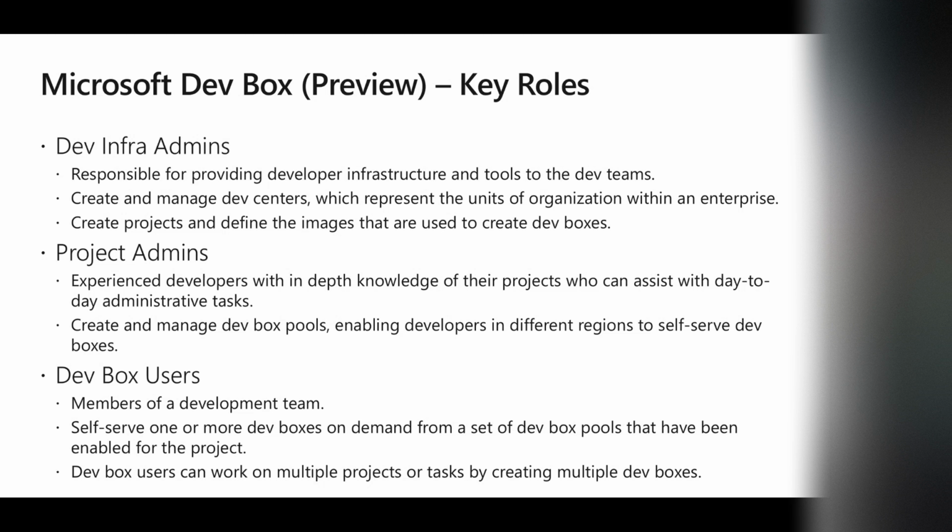Then comes the project admins. Oh, sorry. The dev infra admins, they also set up network connectivity, like how these dev boxes will connect to a network. Because no matter what you do, in the end, you need connectivity. The development doesn't happen in a vacuum.